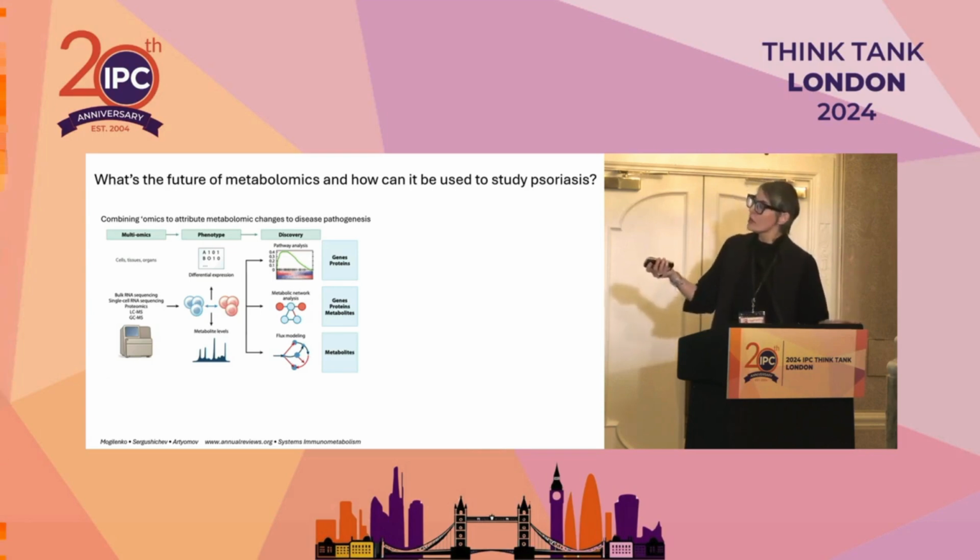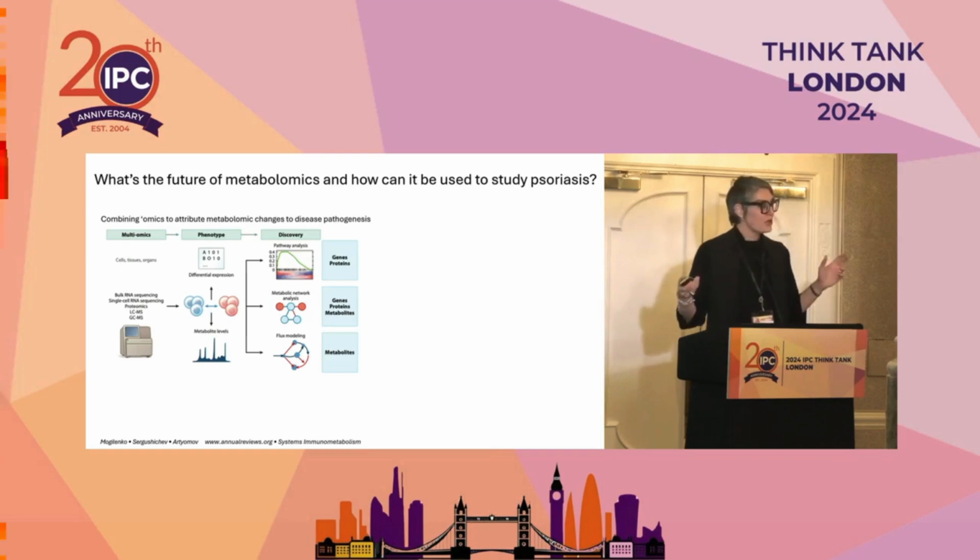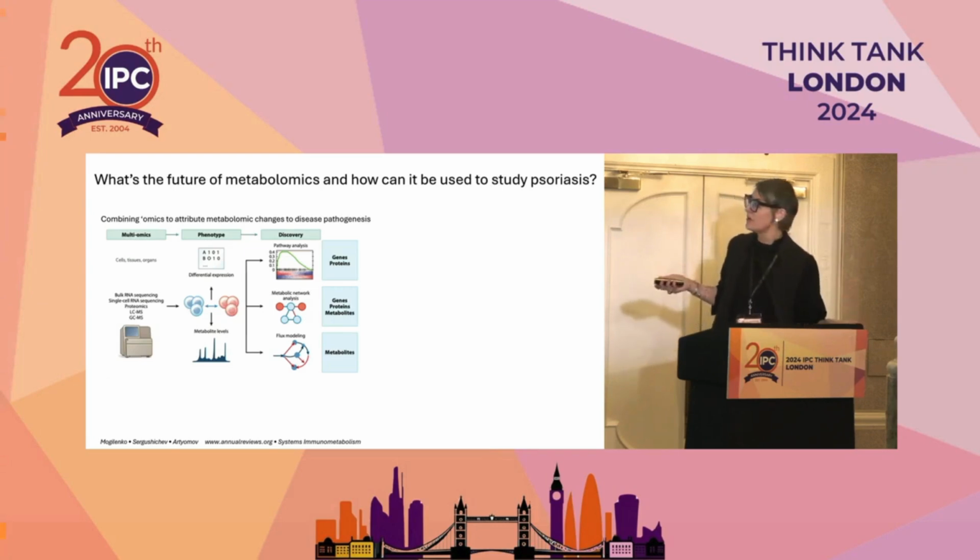But I think where we're going is into this multi-omics field where we can combine proteomics, metabolomics, RNA sequencing, transcriptomics. I also did not talk about the microbiome. And the microbiome has its own metabolism that interacts with the human metabolism. And so that's another area where metabolomics might be helpful.